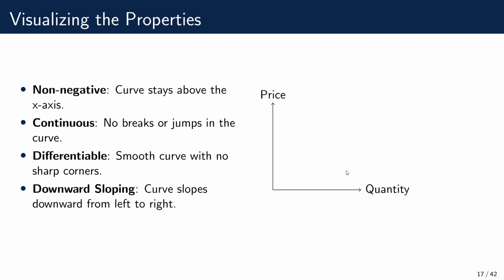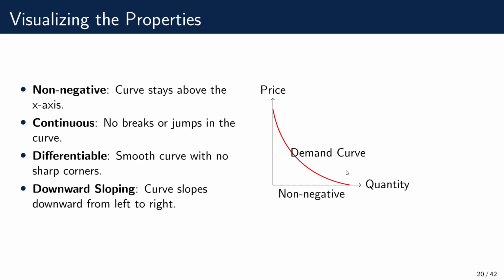And how will it look? Let's say we have price on the y-axis and quantity on the x-axis. The curve will look like this. This curve is known as the demand curve. If you notice, it is non-negative, everything is above the x-axis.